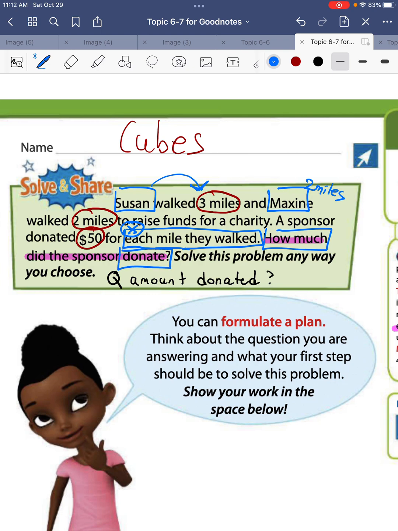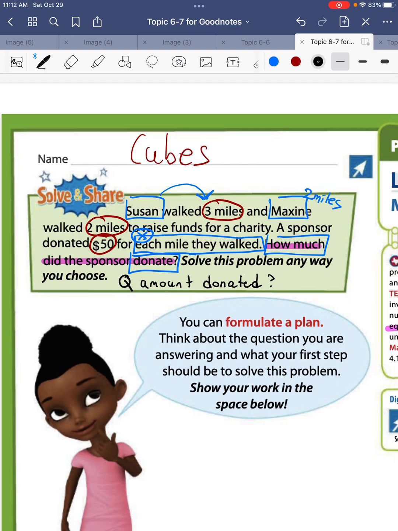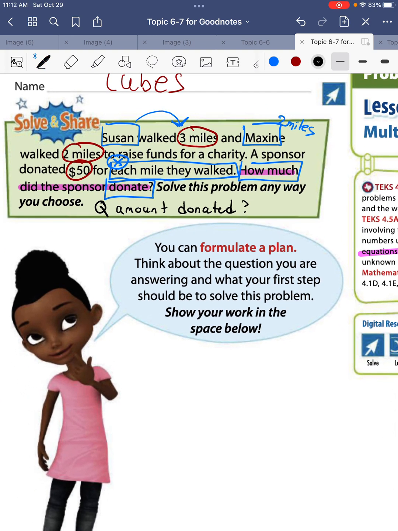Okay. So now I'm going to do my strip diagram because I said I'm going to be using that. So first I need to find, I'm going to go through the question again. Susan walked 3 miles and Maxine walked 2 miles to raise funds for a charity. A sponsor donated $50 for each mile they walked.